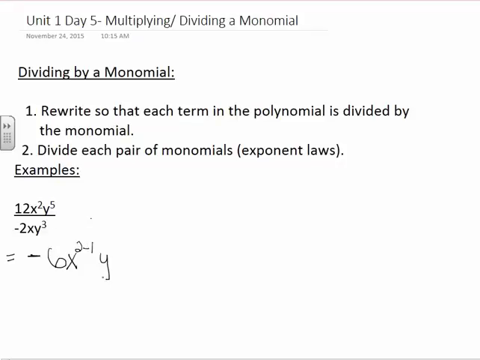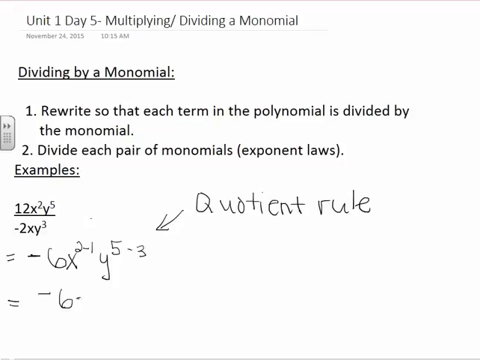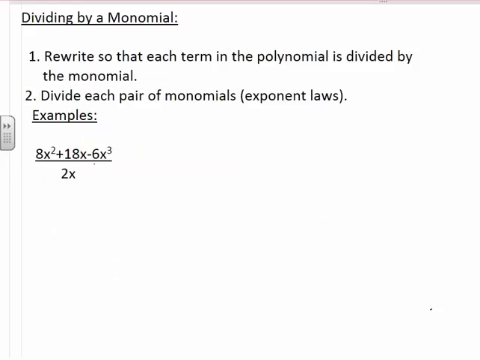And then our y's, we have y^(5 minus 3). Again, this is the quotient rule. That tells us when dividing exponents of the same base, we subtract the numbers. And now we are left with negative 6x y squared.